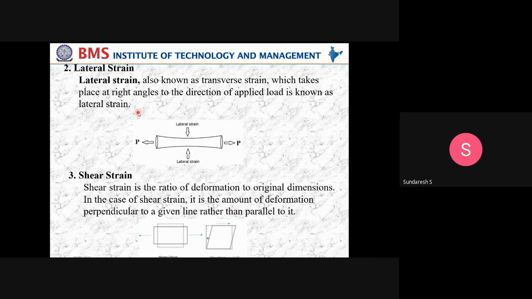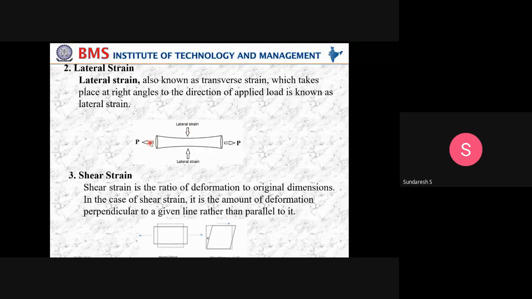Whenever a member is subjected to an axial load, the change in the dimensions that takes place laterally, meaning exactly perpendicular to the axis of the member, can be expressed by using a term called lateral strain. Lateral strain is also known as transverse strain, which takes place at right angles to the direction of the applied load.